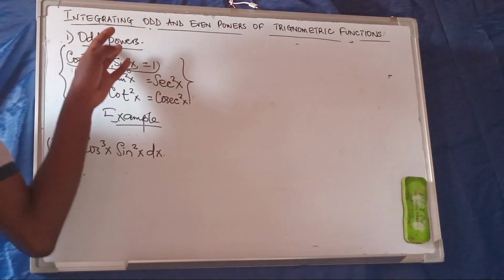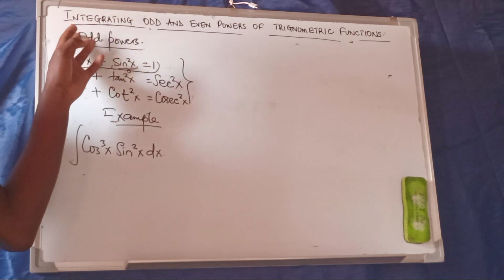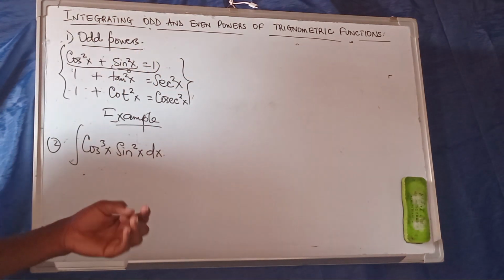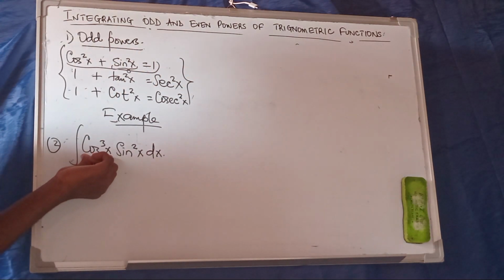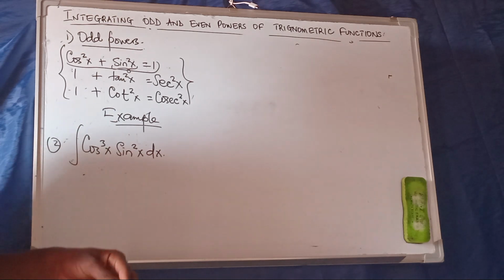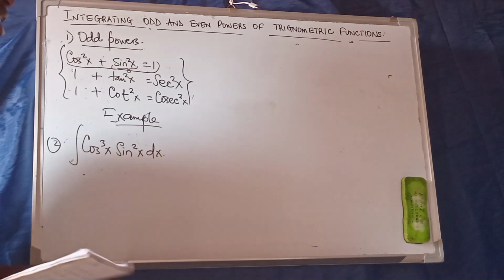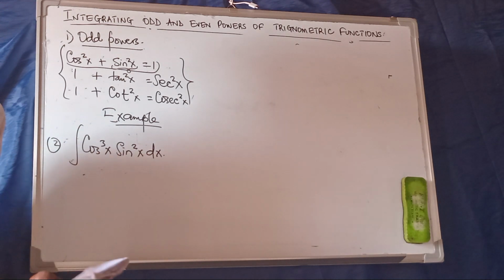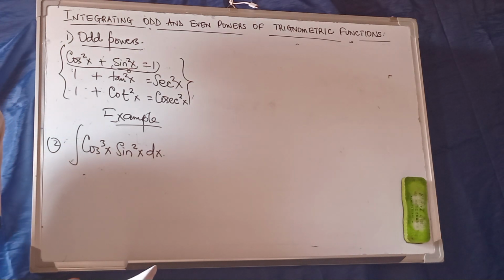So I'm still under odd powers. We have this trigonometric function cos x. It has an odd power. The sine x has an even power. Whenever you're given such an integral, first deal with, I repeat, first deal with the one with an odd power.